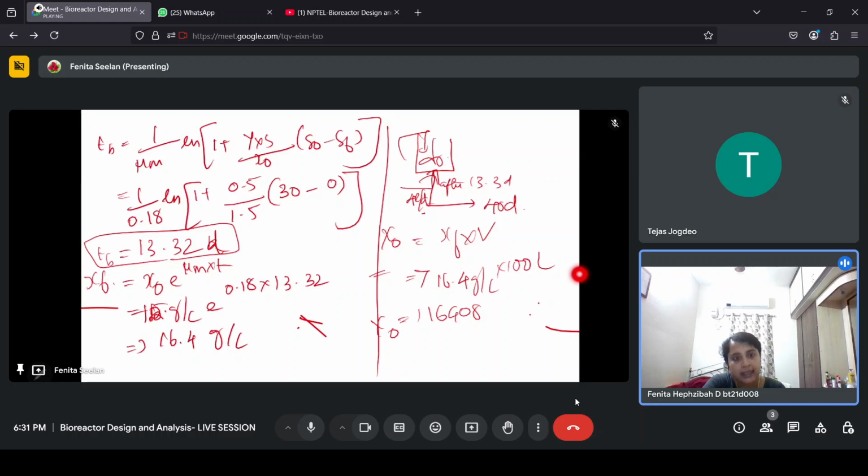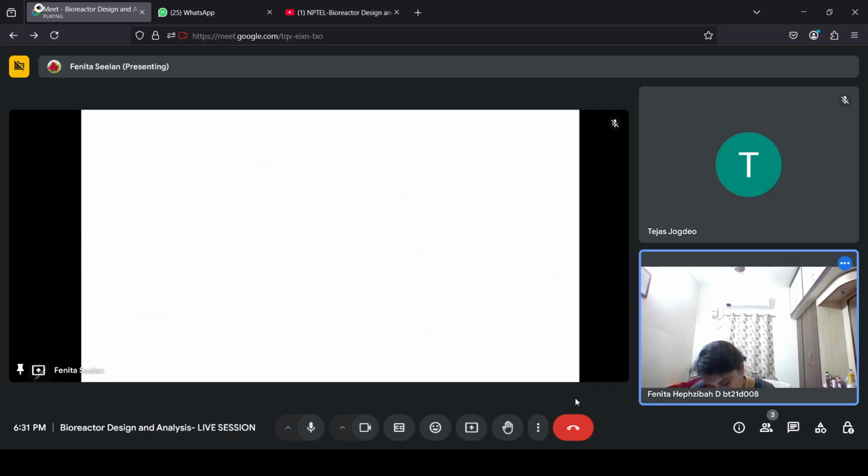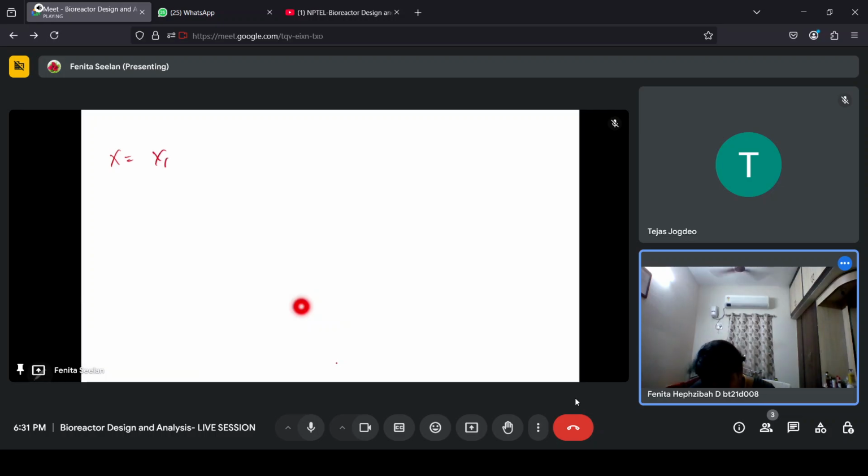So the final mass which is remaining after 40 days of fed batch culture condition can be given as X naught plus Yx/s into initial substrate concentration, into the flow rate, into fed batch time. I hope that you guys have gone through the fed batch design equations taught in this week.